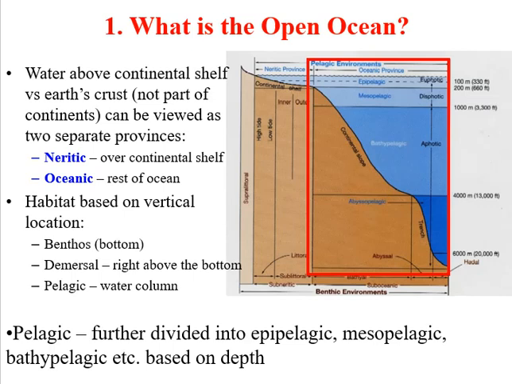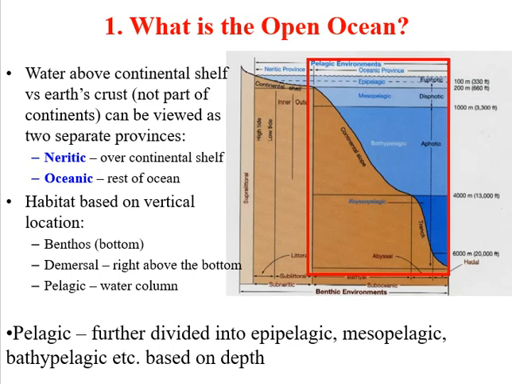Some of that is over the continental shelf, continental slope, and all the way down to where there's no more association with the continent. So the continental shelf and the waters above it are the Neritic province, and everything else, including the continental slope and the abyssal plain, is the Oceanic province.